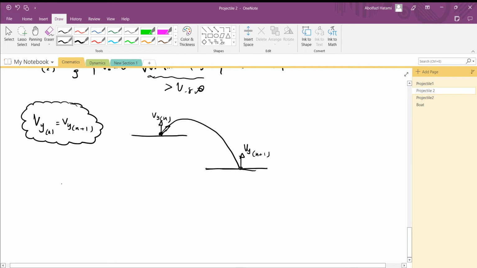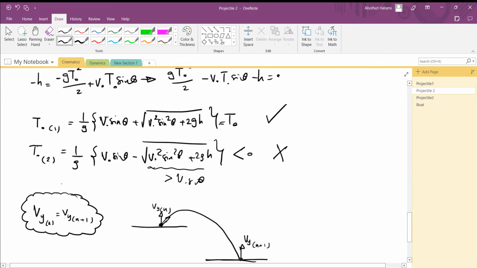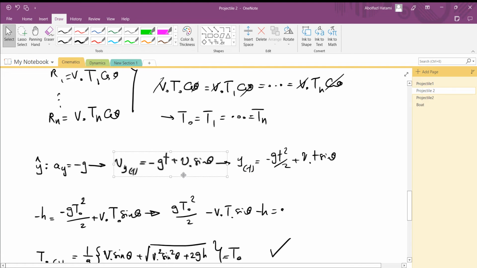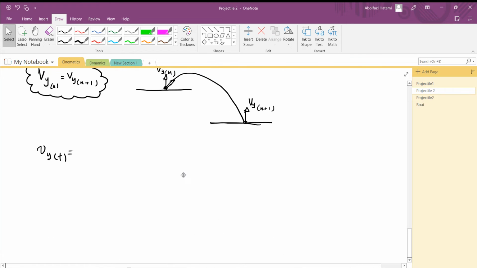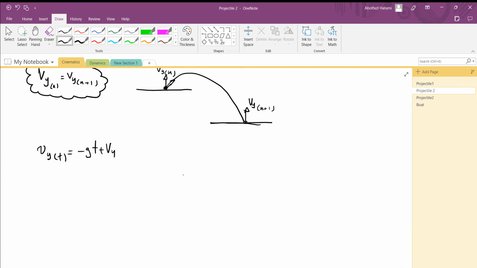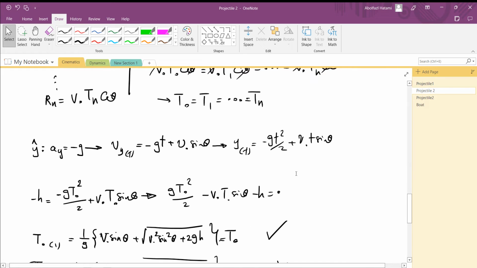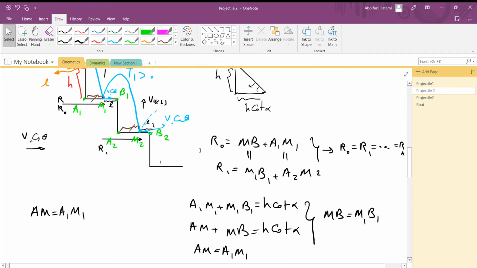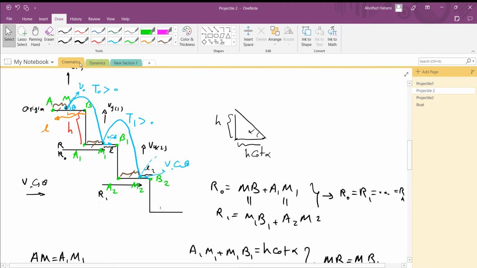We know that our vy as a function of time is just minus gt plus vy0. Here I wrote v0 sine theta because I was writing the equations for the shot, after shooting the ball.